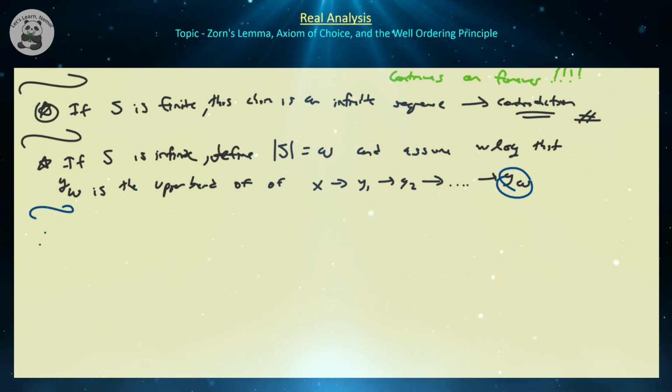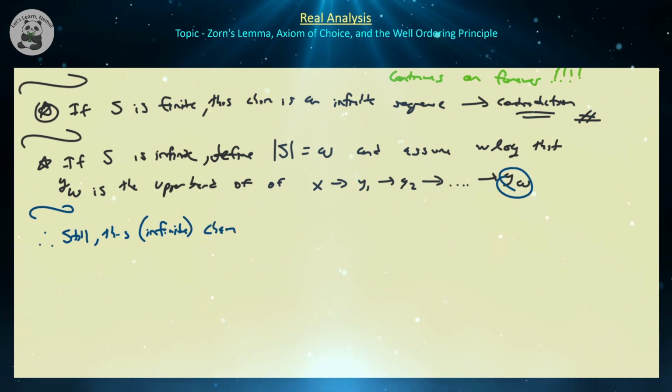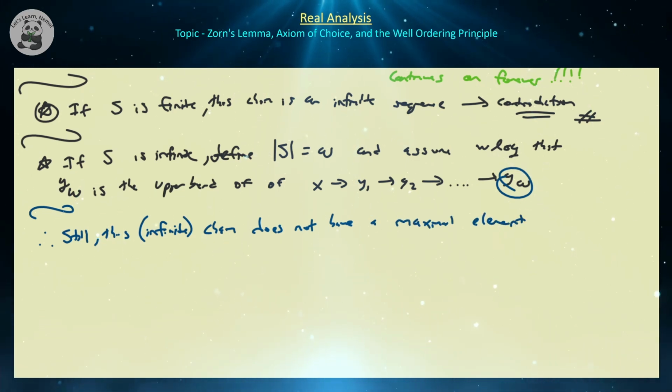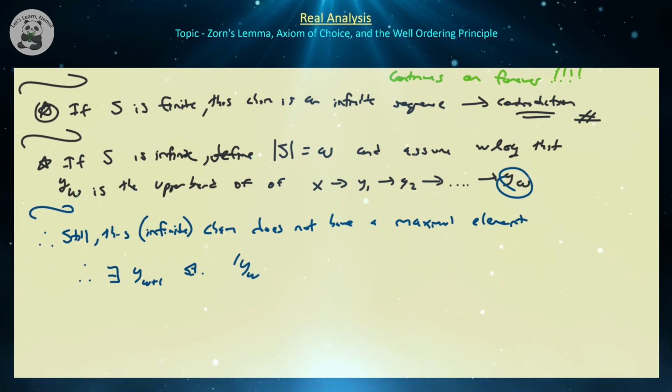So if that is the case, then what do we have? So still, this infinite chain does not have a maximal element. And since it does not have a maximal element, that means there must exist a y omega plus 1, such that y omega is related to y omega plus 1. Right?